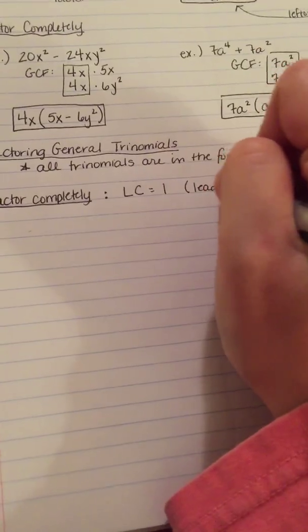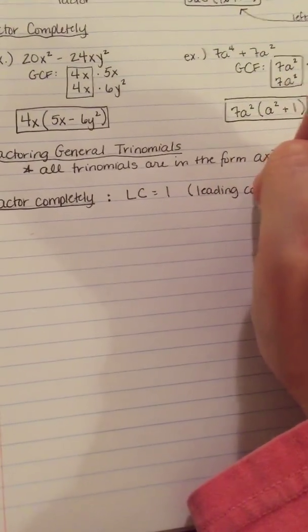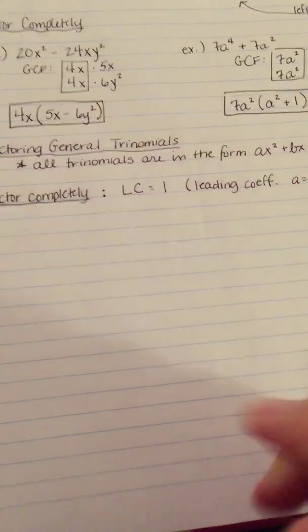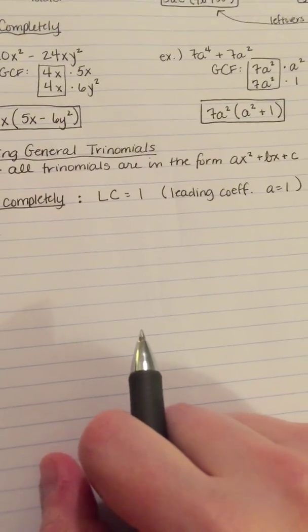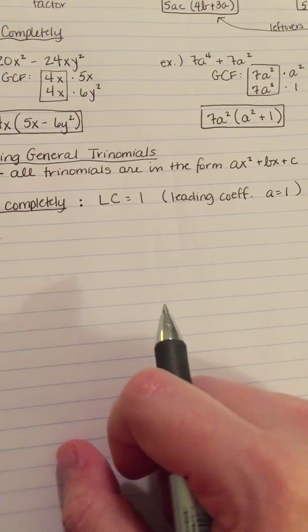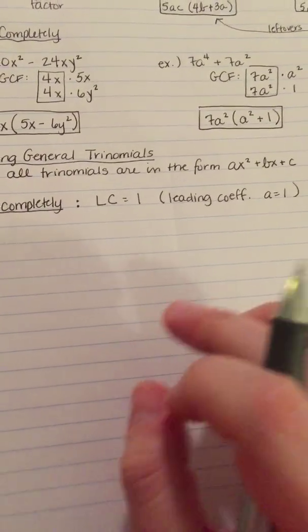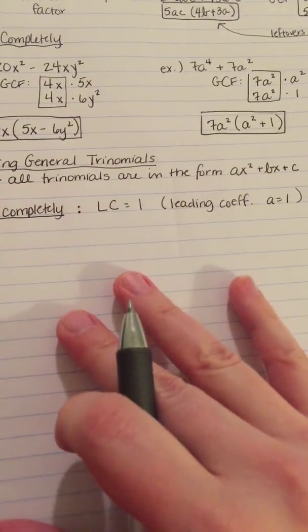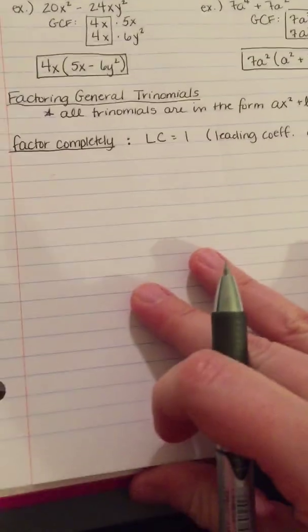So that means when that a equals 1, okay? You are going to be doing problems within the next couple of classes where your a is going to be greater than 1. So today what we're doing is just the more basic of the formats, okay?